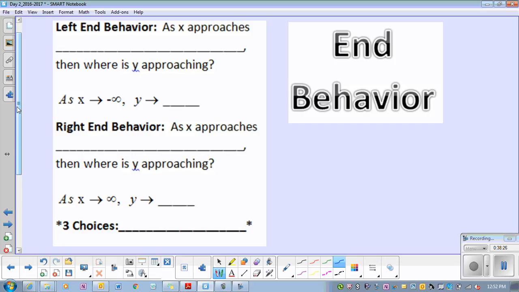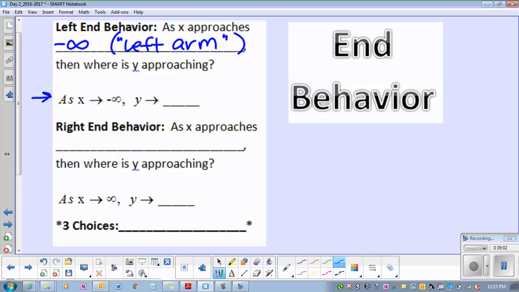As x approaches negative infinity, and you can think of this as your left arm, then where is y approaching? It would be written like this.